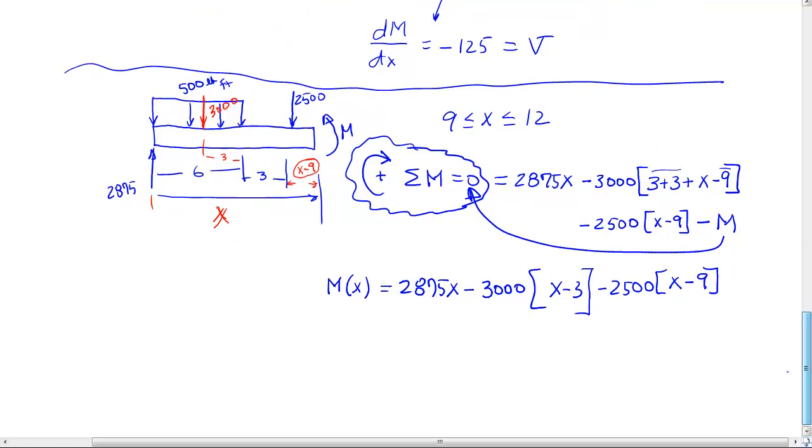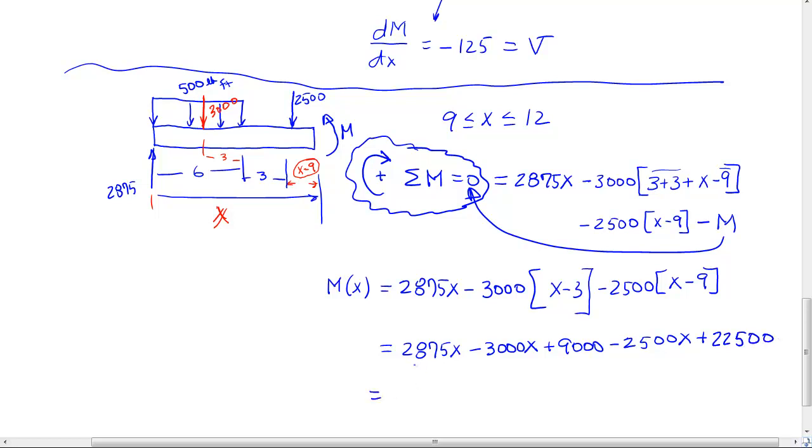But you need to simplify all this. So you need 2875x minus 3,000x plus, 3 times 3 is 9,000, minus 2,500x, plus 9 times 2,500, and that's a minus, and that's a minus, so it ends up being 22,500.